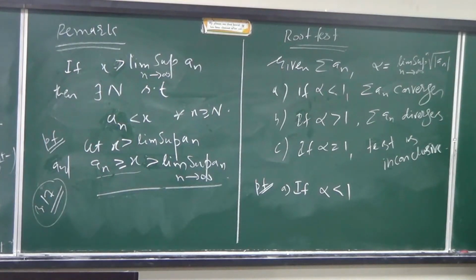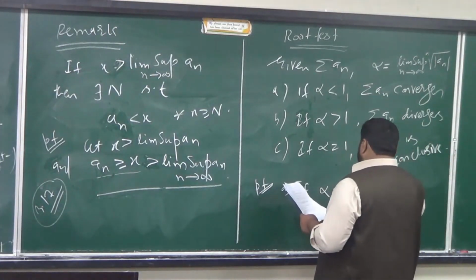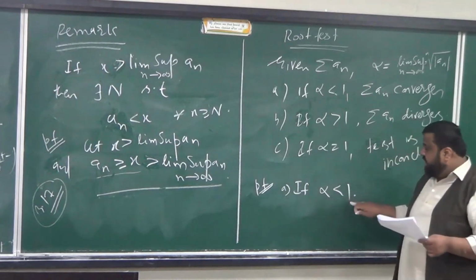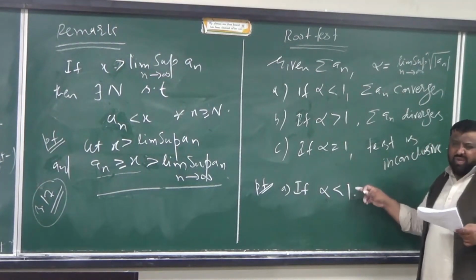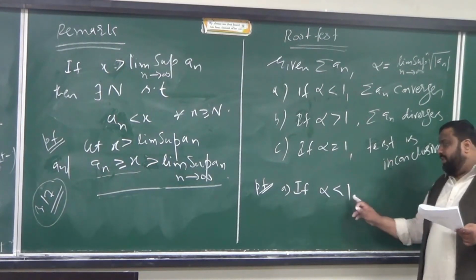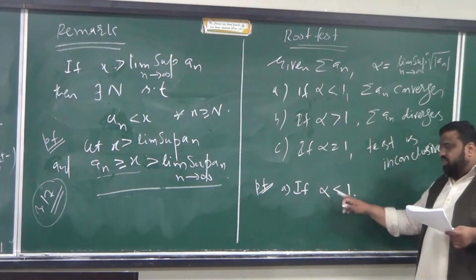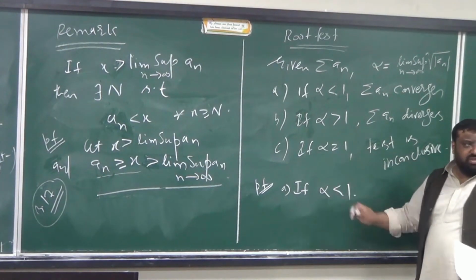One of the little troubles is going to be, imagine you have this. So if alpha is smaller than 1, this 1 is not going to be helpful. I need something else between alpha and 1. If alpha is smaller than 1, we can always find things between them.